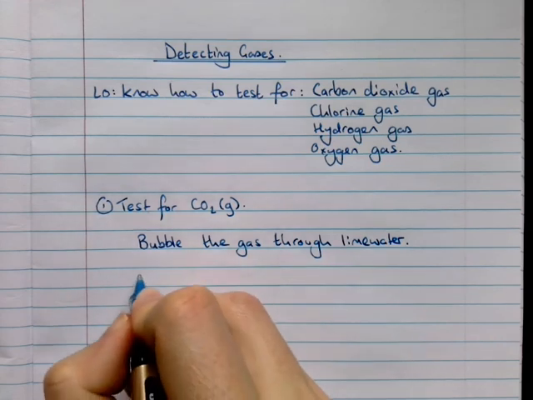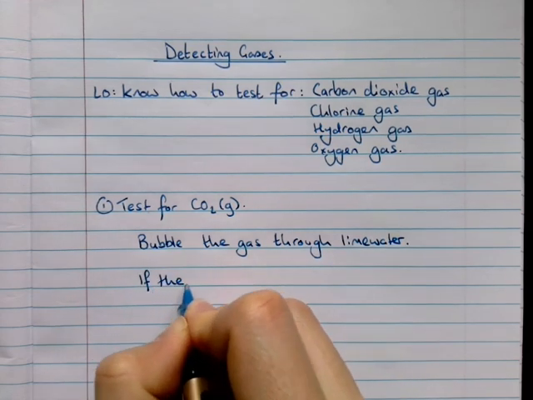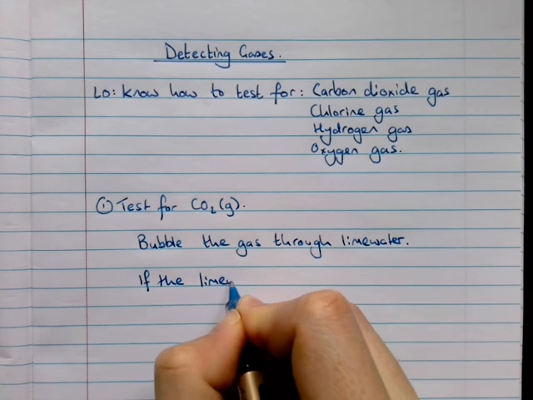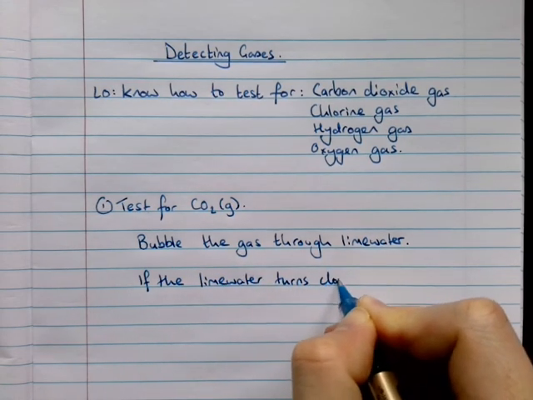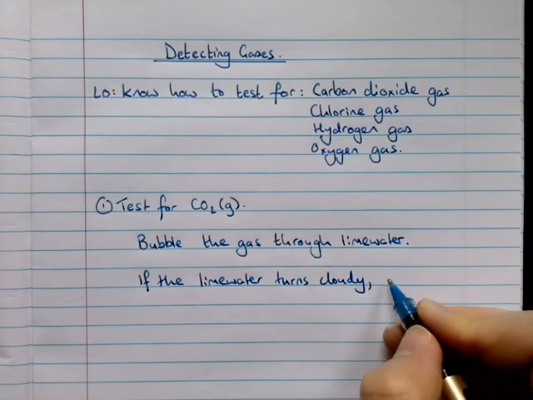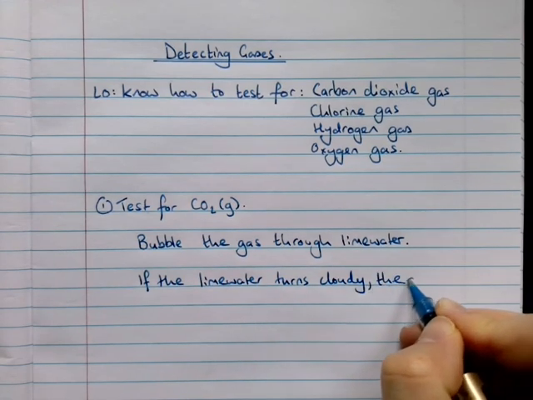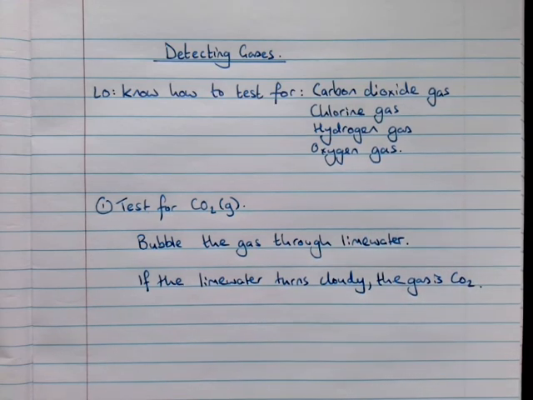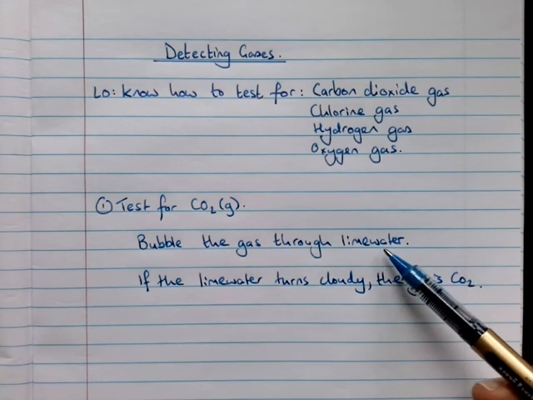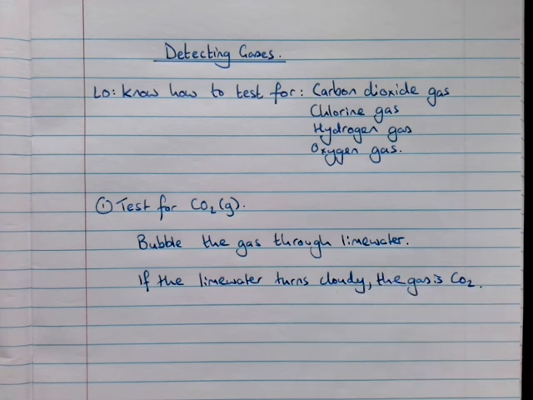And if the lime water turns cloudy, the gas is CO2. And that's it. So you bubble the gas through a liquid called lime water. If the lime water turns cloudy, then that gas is carbon dioxide. If the lime water doesn't turn cloudy, it's not carbon dioxide.